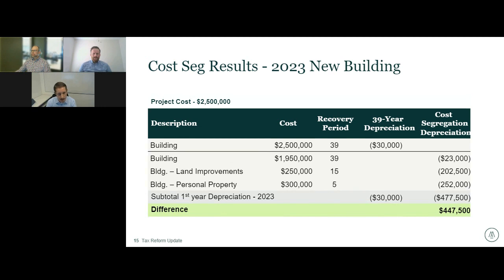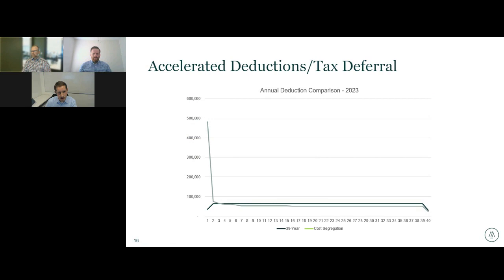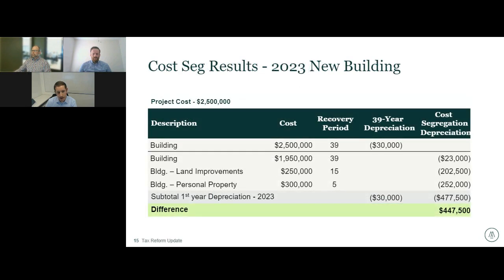Another example with a $2.5 million brand new building construction. Again, being able to identify those land improvements and personal property at more than about 30% of the basis there gives us about $500,000 of additional depreciation in the first year. This chart is more associated with the second example that we looked at here.